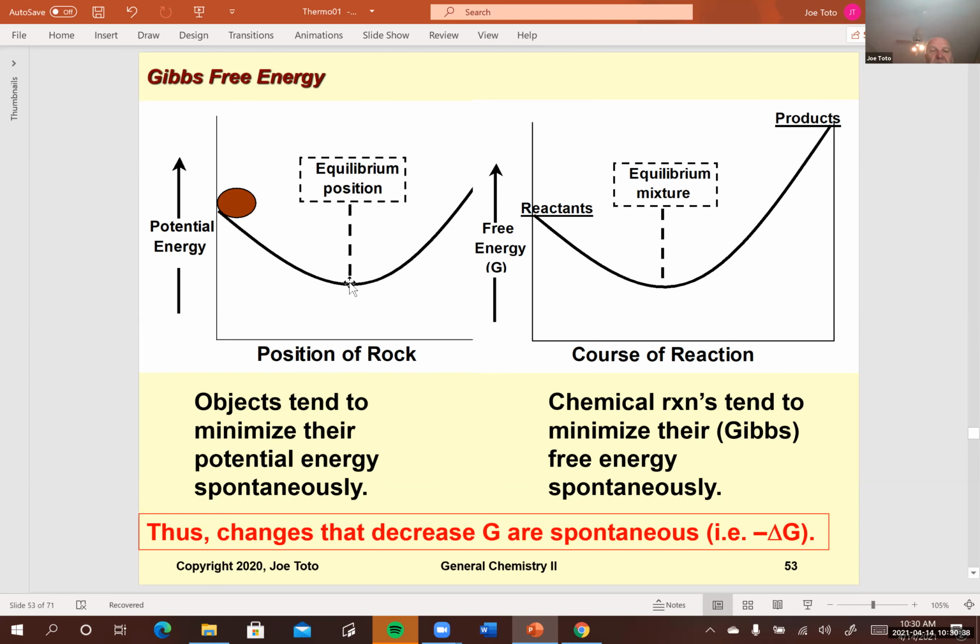It's going to want to get to that minimum in potential energy, just like free energy is going to want to attain that minimum. That minimum in free energy is related to the equilibrium mixture. So I don't know if that helps at all or not, but it's kind of cheesy, and I just made it up.